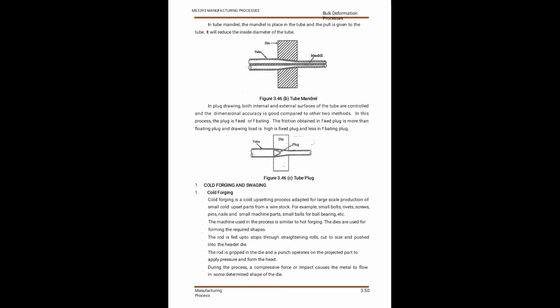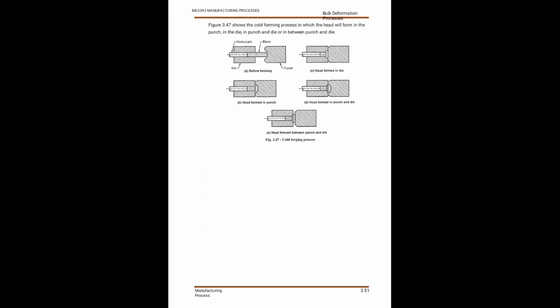Next, cold forging. Cold forging is called the upsetting process. It is used in production of small cold upset parts from wire stock, such as small bolts, rivets, screws, pins and nail heads. A small head is made, as shown in the figure. The diagram shows before forming, during forming and after forming.